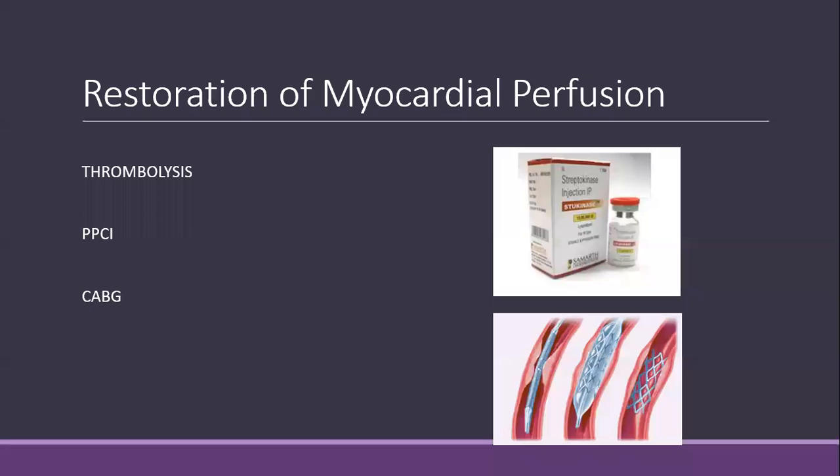So this is a result for those patients who have complete obstruction of the coronary blood flow. Antiplatelet will be given and anticoagulation will be given to this patient. But the ultimate goal is, if proper results are not found in the patient, then you give thrombolysis.